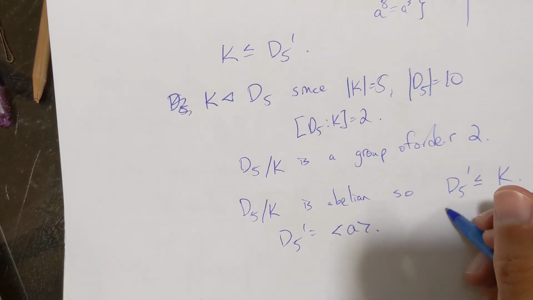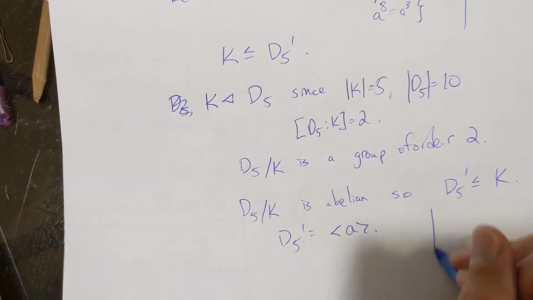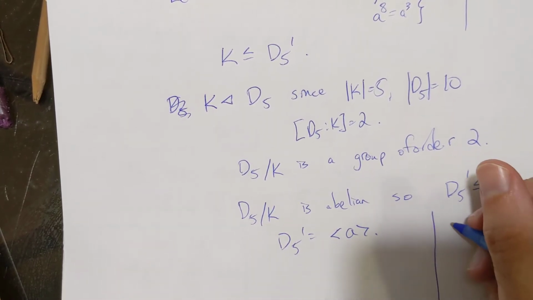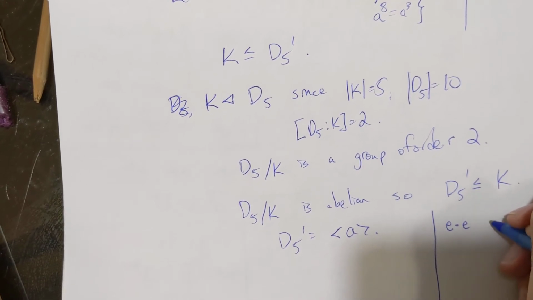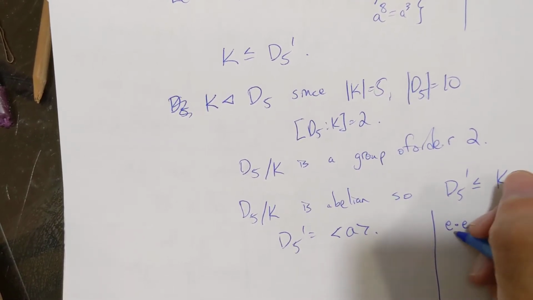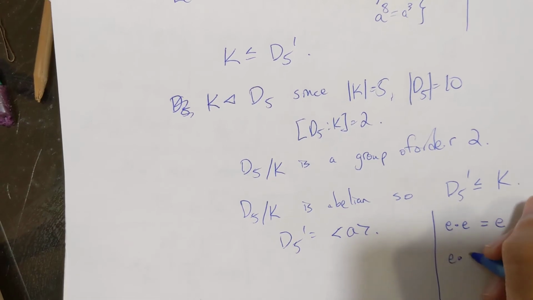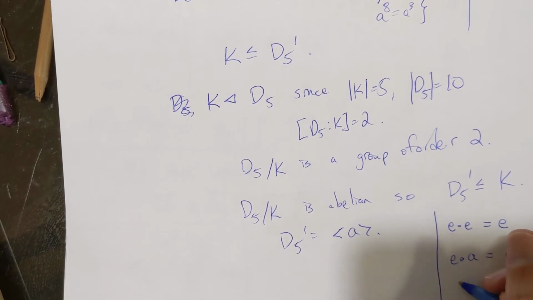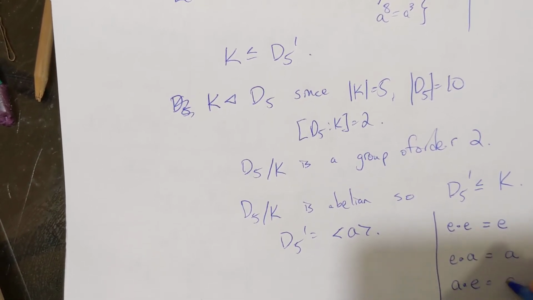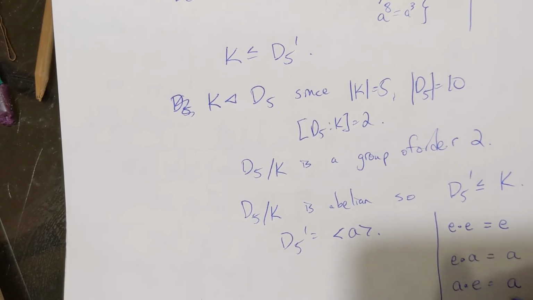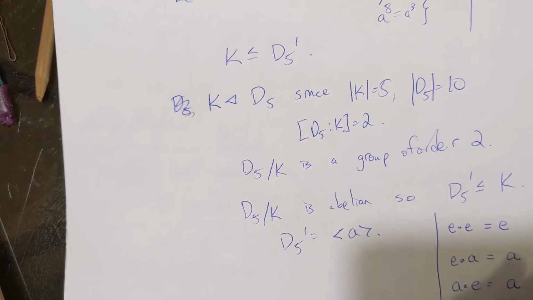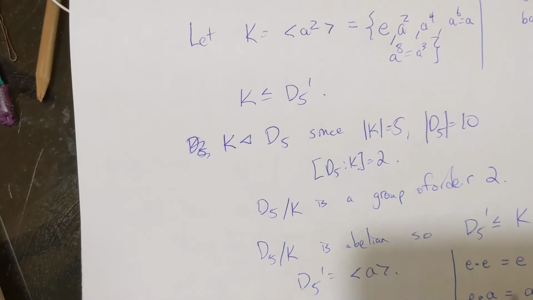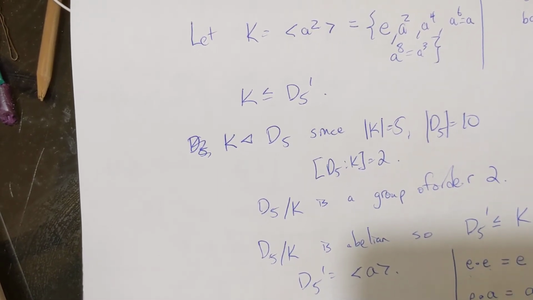And just think, if you want, about why a group of order 2 is abelian. It's just because there's only a few different ways to multiply things. It has 2 elements. The identity element, you multiply that by doing E times E. You have E times A, and the group law says that has to be A. You have A times E, and the axioms of a group say that has to be A. Then A times A can't be A because then A would be the identity, so it has to be E. And if I switch any of these two, I get the same thing.